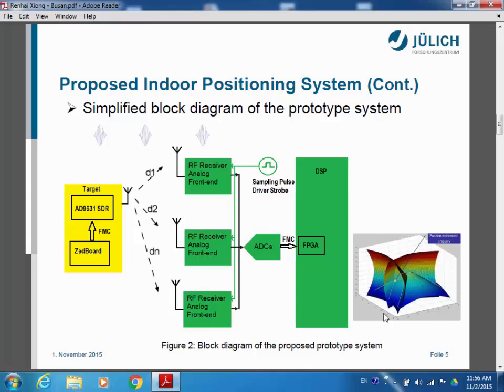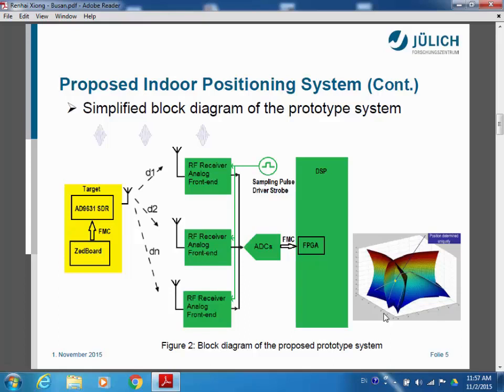Then there is an ADC block after that. The ADC we use in our application is an 8-channel ADC with a maximum of 250 megasamples per second at 14 bits resolution.